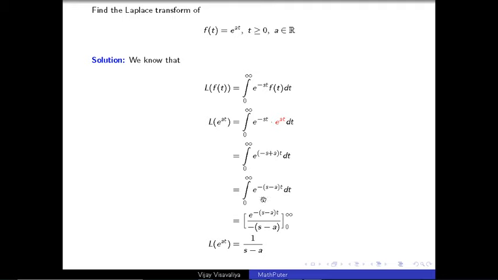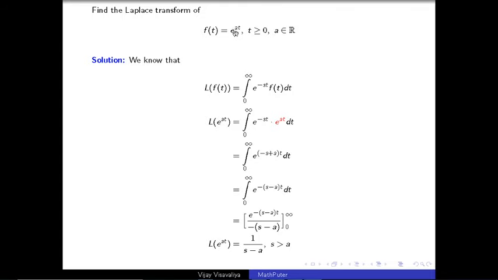So when s minus a is greater than 0, only then will this quantity be minus infinity. So this integral exists only if s is greater than a. Under this condition, if s is greater than a, only then does the Laplace transform of e raised to at exist. When s is less than or equal to a, the Laplace transform of this function does not exist. What happens if a is equal to 0?